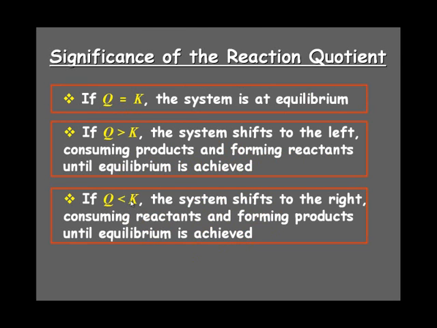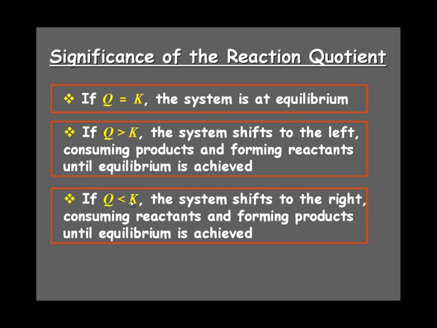Now, why do we do this then if the Q is not at equilibrium? It's actually to determine whether the system is at equilibrium, or which direction the reaction would have to go more in order to achieve equilibrium.